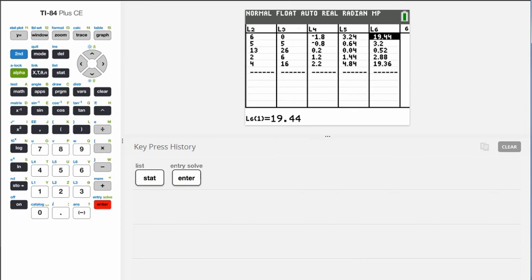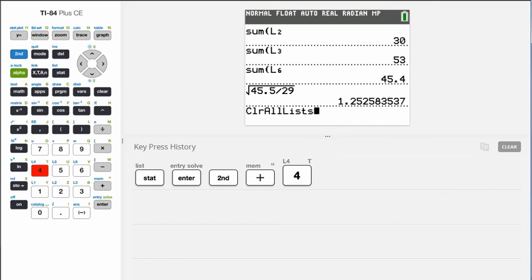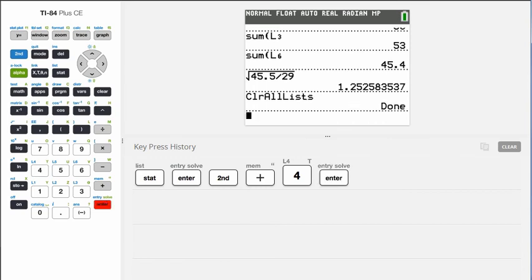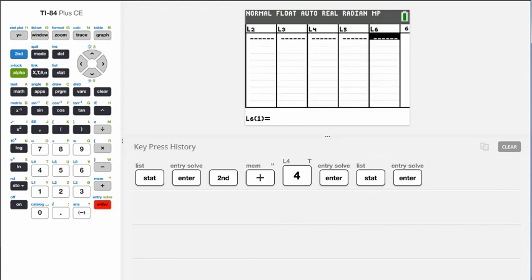And I have a lot of data in here. One way I can get rid of it is by pushing second, then plus, which is the memory. The fourth one down is clear all lists, enter, and it is done. So when I go to Stat, Edit, my lists are empty.